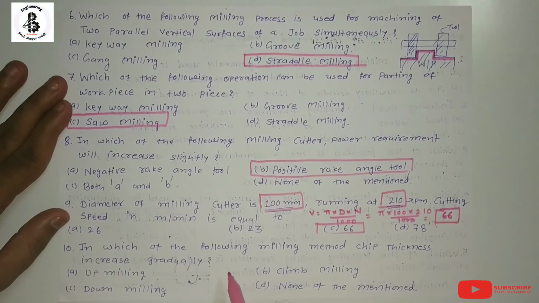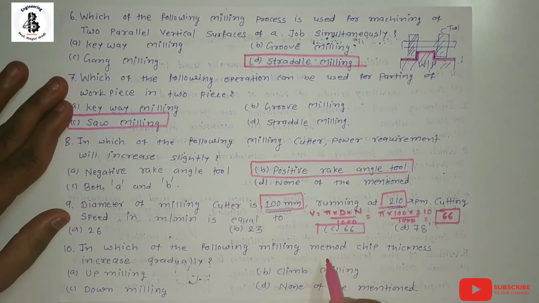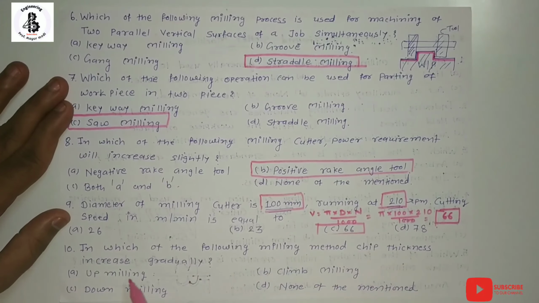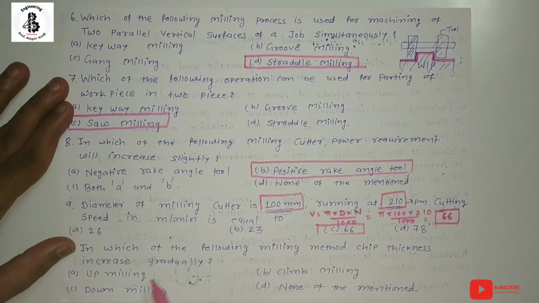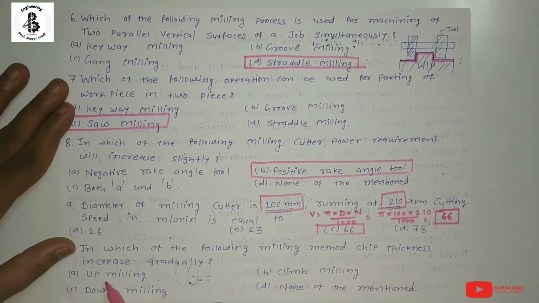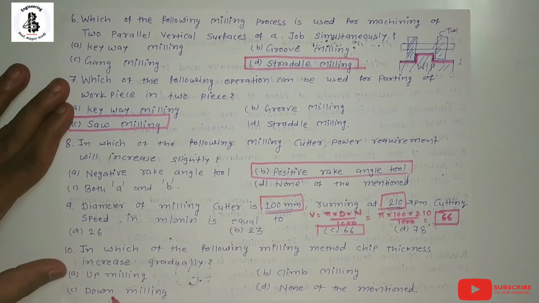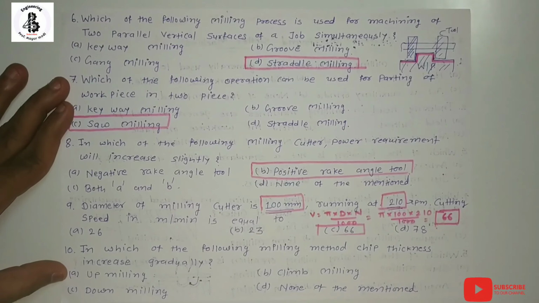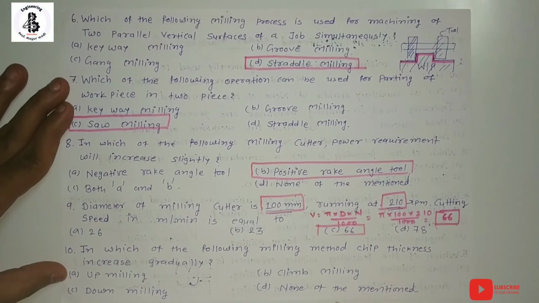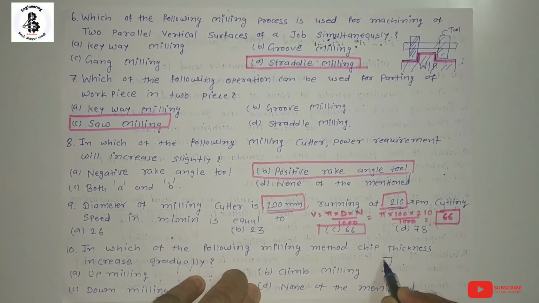In which of the following milling method chip thickness increases gradually? Option A, up milling. Option B, climb milling. Option C, down milling, and option D, none of the mentioned.